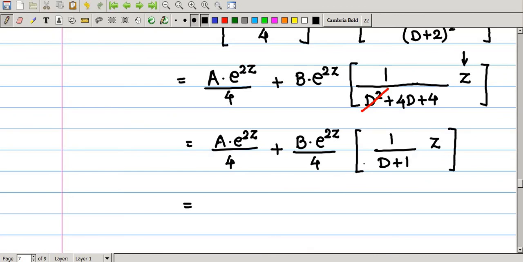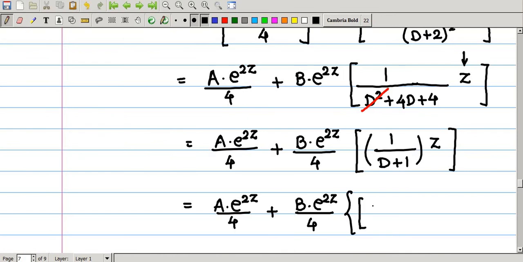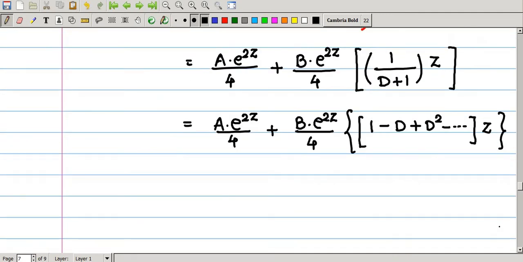Now we can expand this 1 upon 1 plus D in increasing powers of D, and that expansion will be e raised to 2z upon 4 plus b e raised to 2z upon 4, and that expansion will be 1 minus D plus D square minus D cube and so on, where D represents the derivative with respect to z.